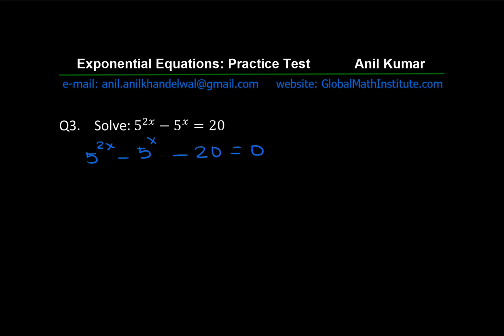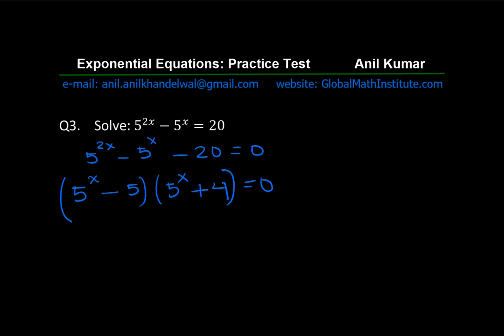Now, we could factor this. 20 is 5 times 4, so we can write this in the factored form (5 to the power of x minus 5) times (5 to the power of x plus 4) equals 0. I hope you get this step, how I did it.